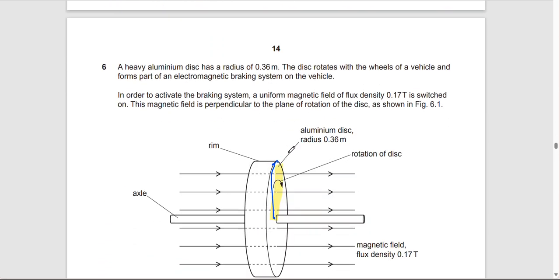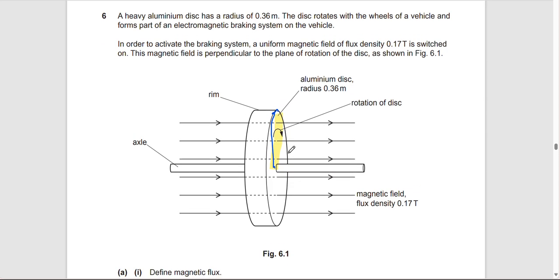All right. Question 6. A heavy aluminum disc has a radius of 0.36 meters. The disc rotates with the wheels of a vehicle and forms part of an electromagnetic braking system on the vehicle. In order to activate the braking system, a uniform magnetic field of flux density 0.17 teslas is switched on.